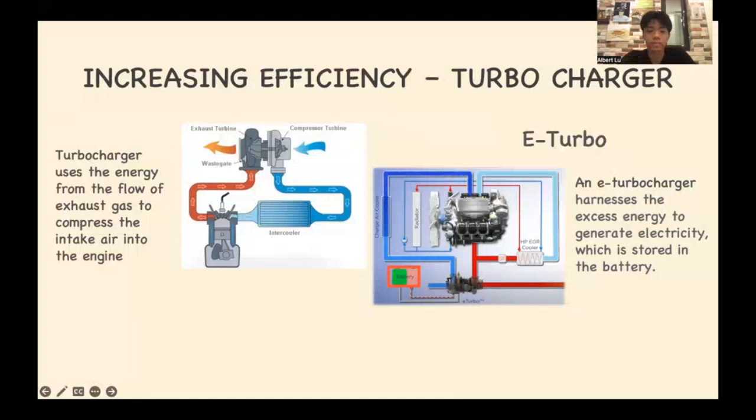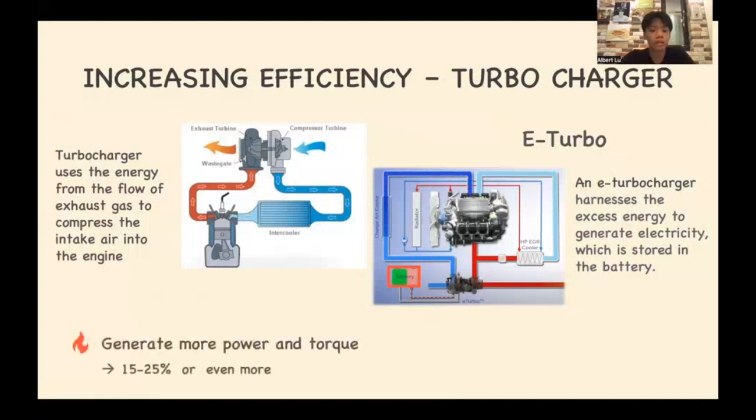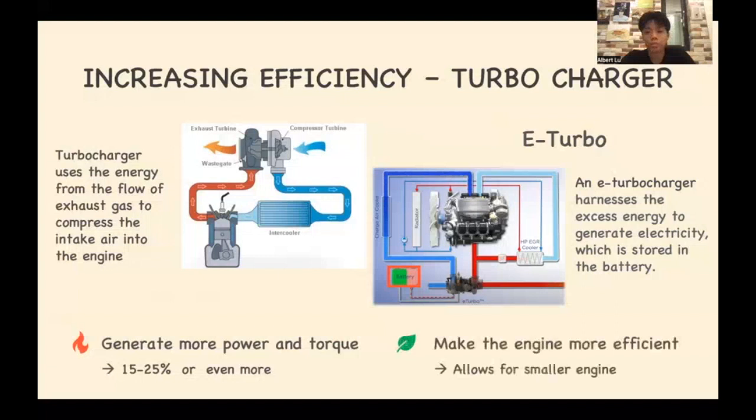And then turbo lag will no longer be a problem, because the turbo is not rotated by the exhaust gas anymore. Overall, the turbo will generate more power and torque, about 15 to 25% or even more. It will also make the engine more efficient by allowing a smaller engine that produces the same horsepower.